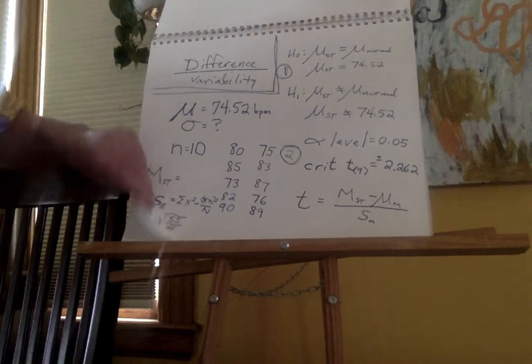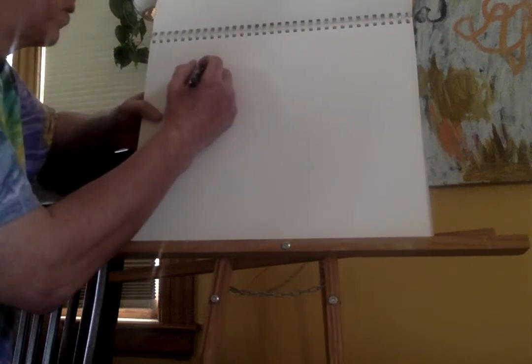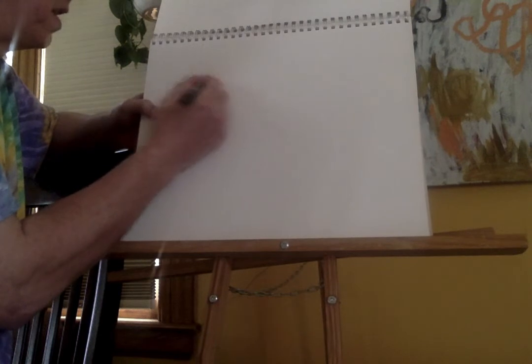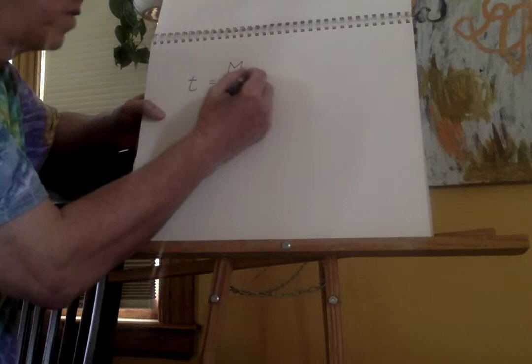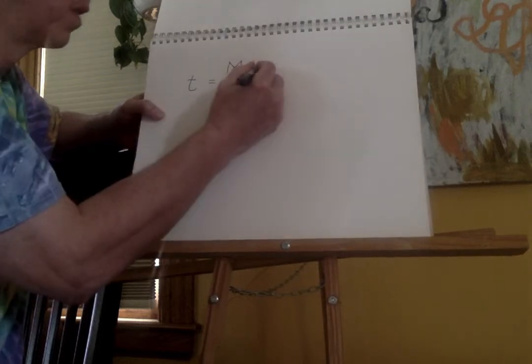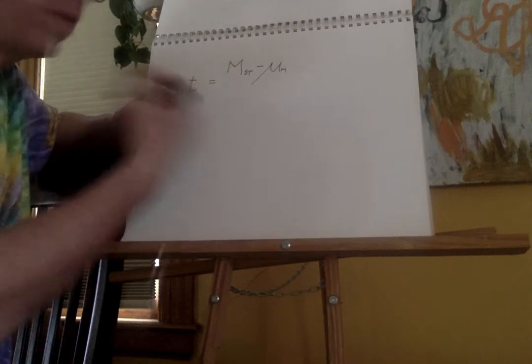So I'm going to go back over here, and I'm going to show you how to do this, I think in the simplest way. We have our t. We're going to get the mean for our soundtrack group. We're going to compare that to what we see normally for groups of 10.